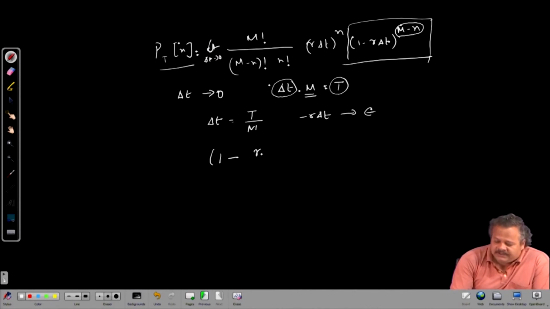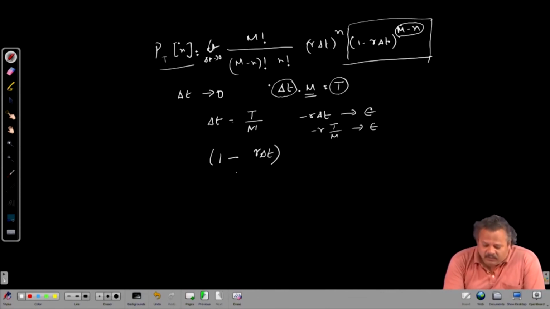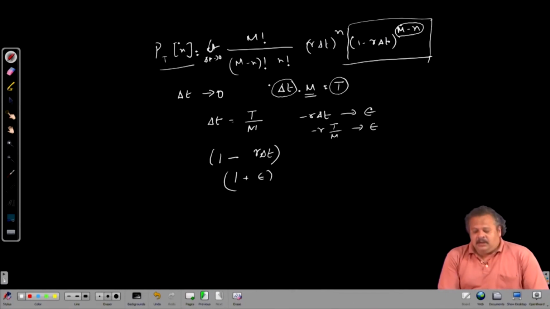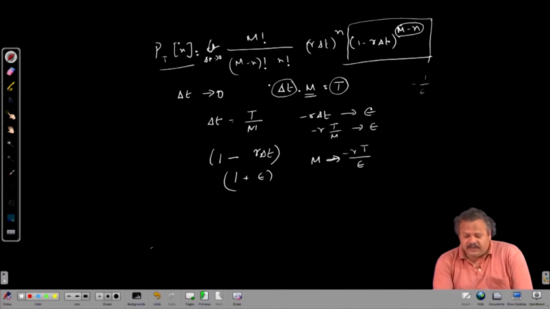Then we have minus r into T by m is replaced by epsilon. Then 1 minus r delta t is replaced by 1 plus epsilon, and our capital M is replaced by minus rT by epsilon.